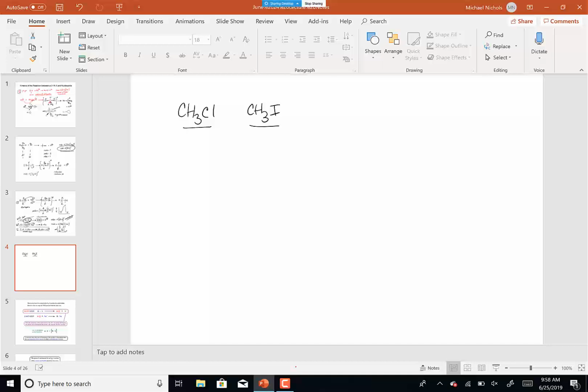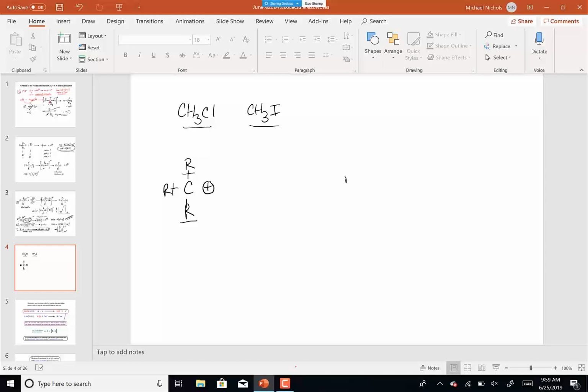Because now what we need to spend a minute or two or 5 on is what's the role of the alkyl group when it is attached to a carbocation? What does it do? It stabilizes the carbocation.